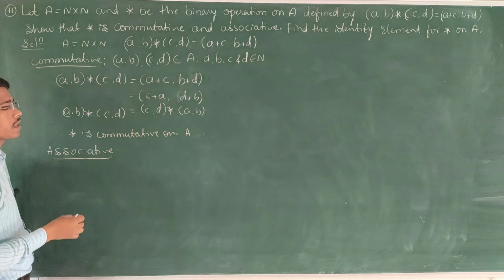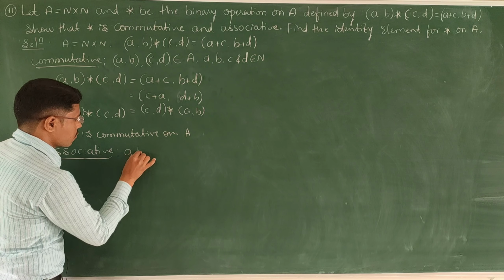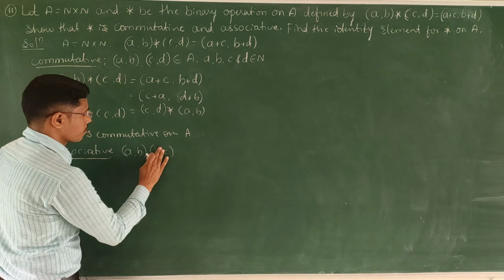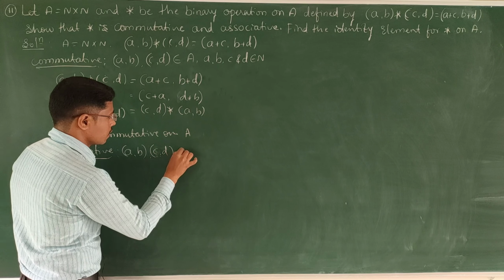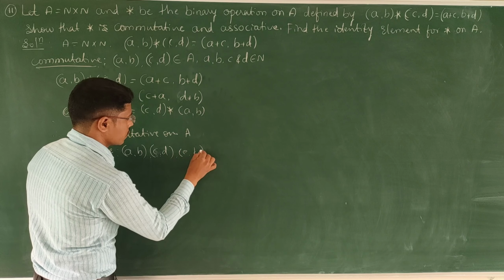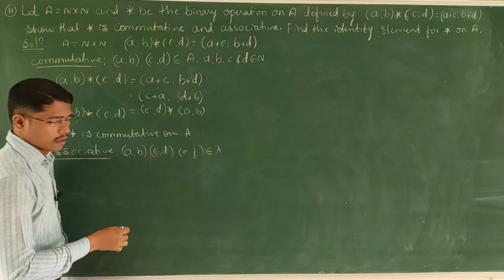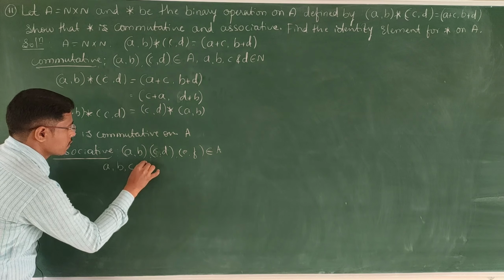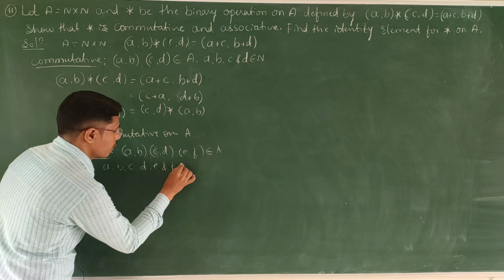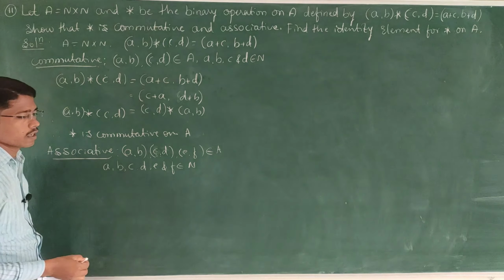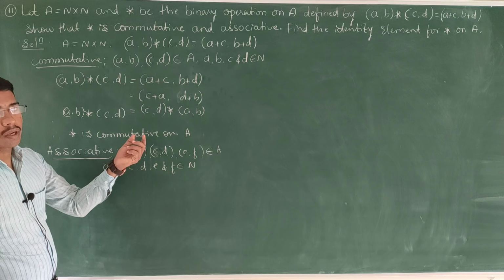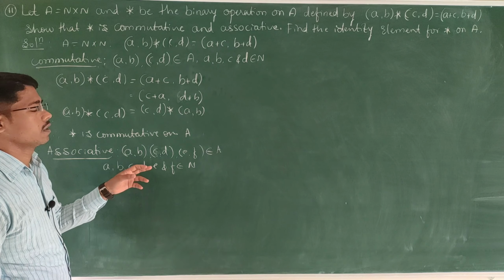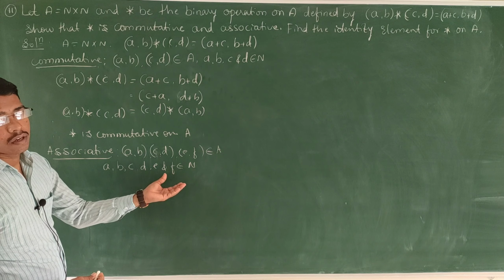Okay, let us consider three ordered pairs (a, b), (c, d), (e, f) belonging to A, and a, b, c, d, e and f belong to the set of natural numbers. Ordered pairs always belong to the Cartesian product, and the individual elements a, b, c, d, e, f belong to the set of natural numbers.